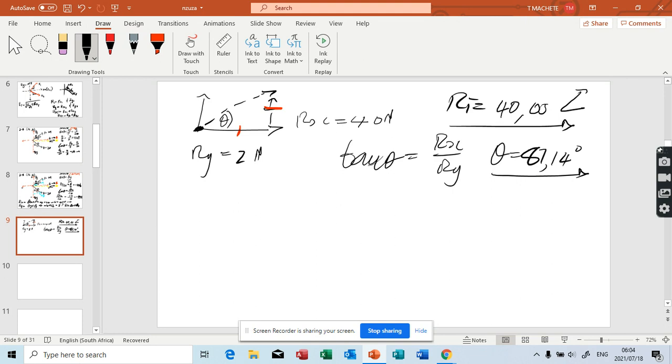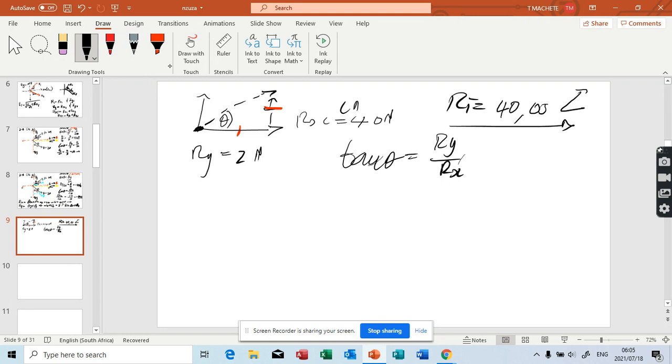No, no, you made a mistake. It's not 40 over 2. It's opposite over adjacent. Opposite is your Ry over Rx. Rx is your adjacent.